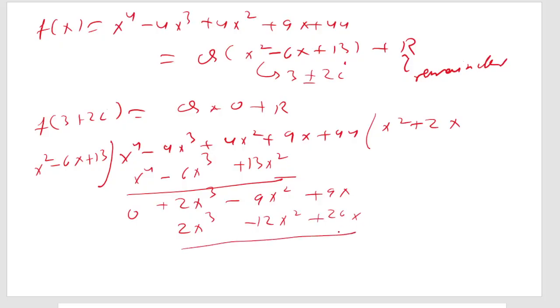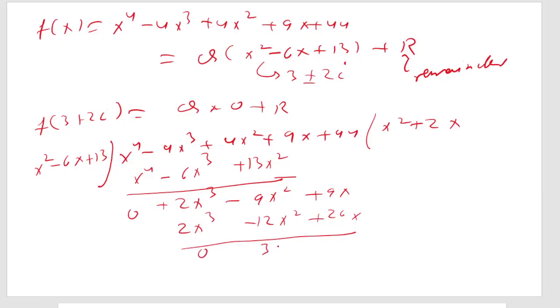Again we'll solve. We go on solving and ultimately we get the remainder. This is a second degree polynomial, so its remainder should be either a constant or a first degree polynomial. So we'll get the remainder as ax plus b. Let's solve again.